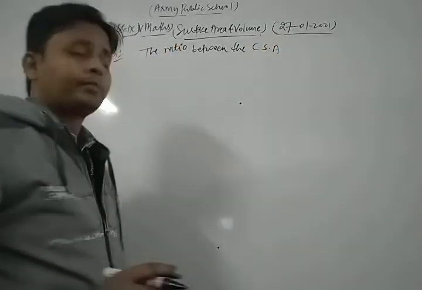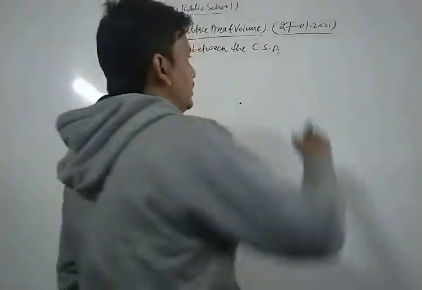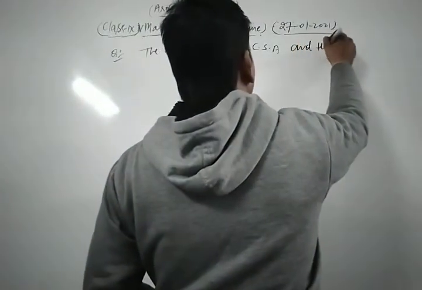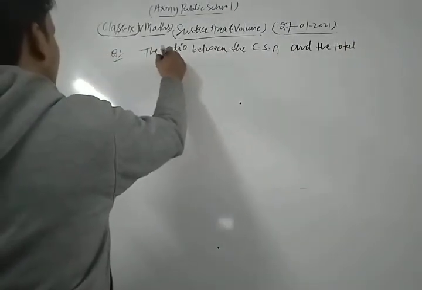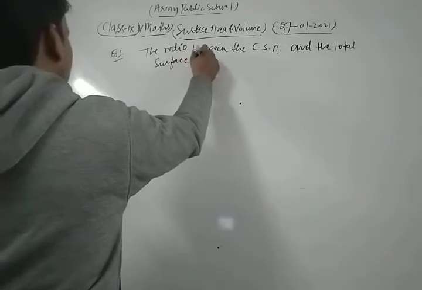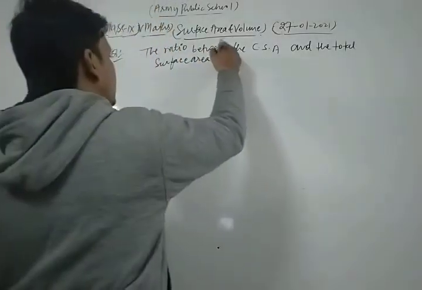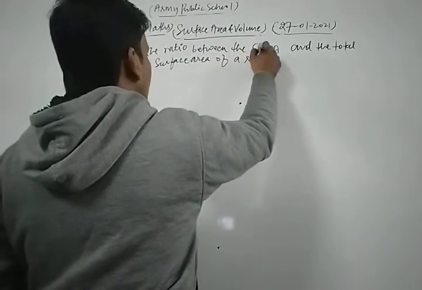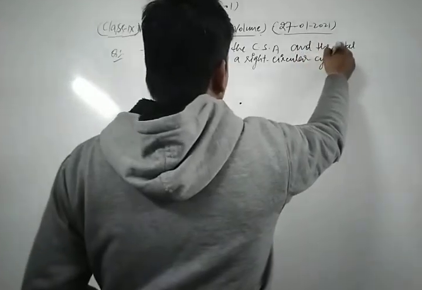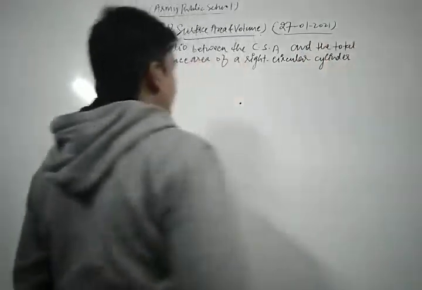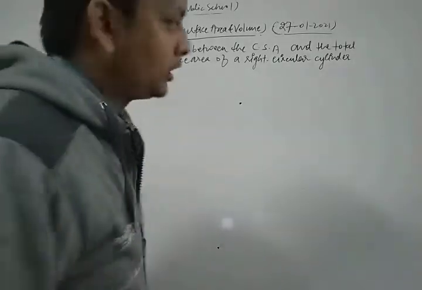The ratio between the curved surface area and the total surface area of a right circular cylinder is 1:2.